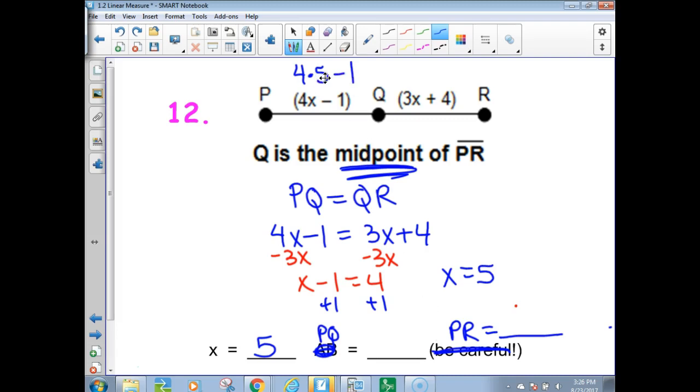And that's going to give us 20 minus 1, which would be 19. Now, check it out. It says find PR. You know what the big mistake would be? People will just plug it in here and write 19 down. But that's not what it asks. If this is 19 and this is 19, then P to R is actually 2 times 19 or 38.